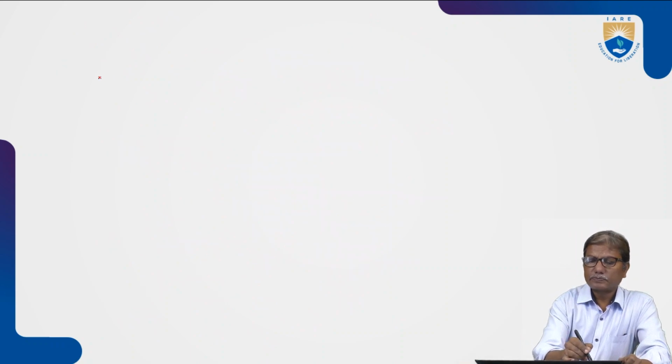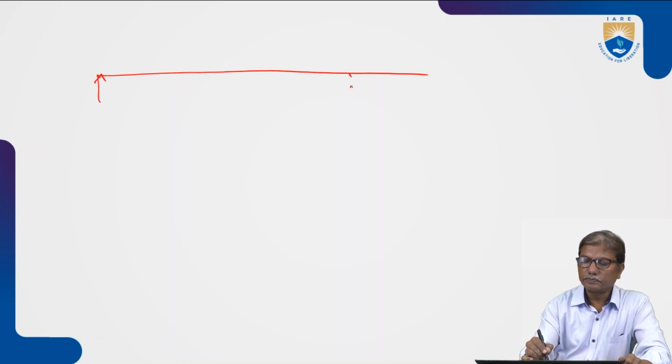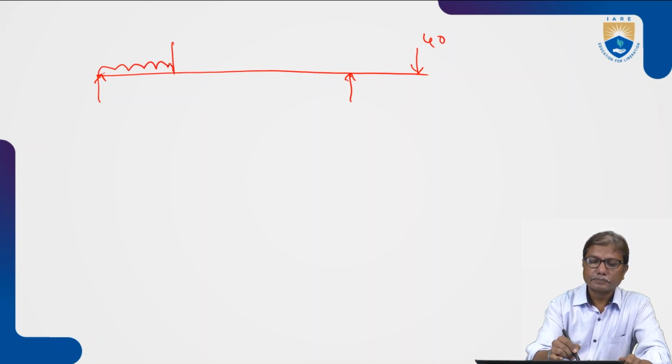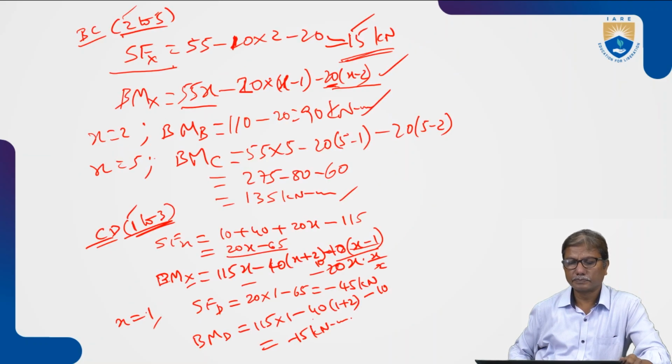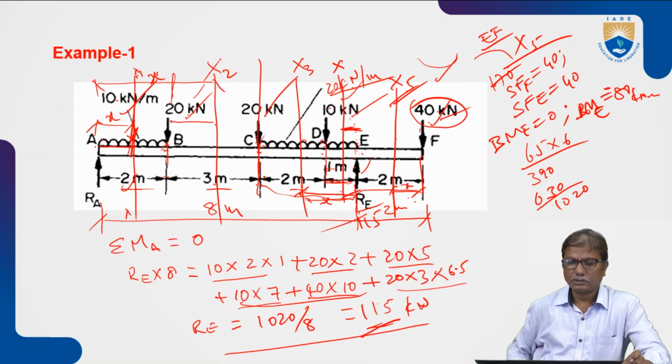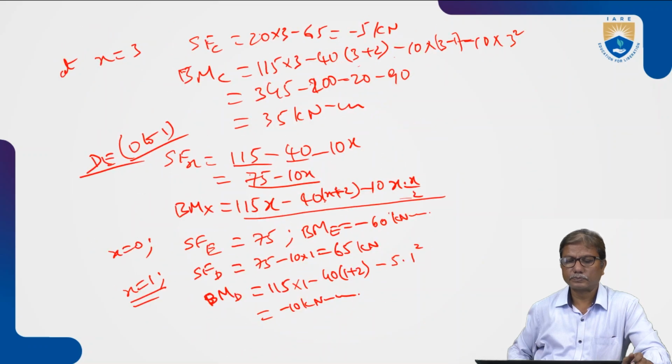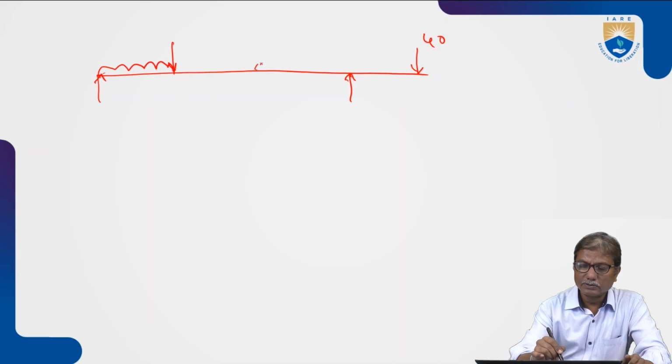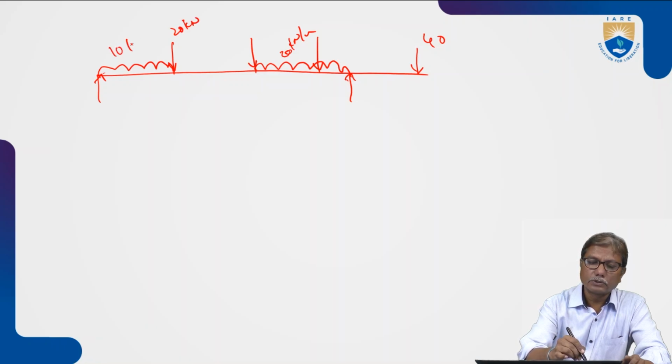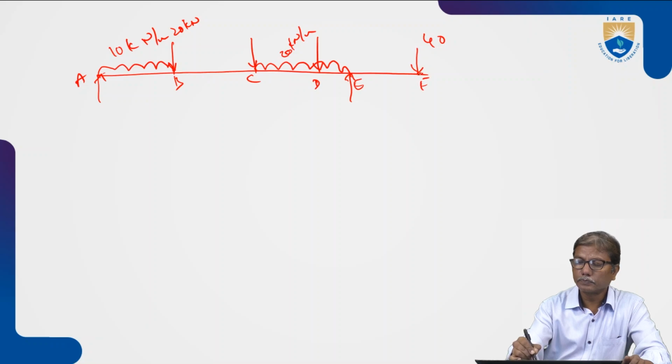First, let us see this loading diagram. So loading diagram is this, 20 kilonewton per meter, and point loads are 20, the UDL is 10 kilonewton per meter, and this is 10, this is 20.